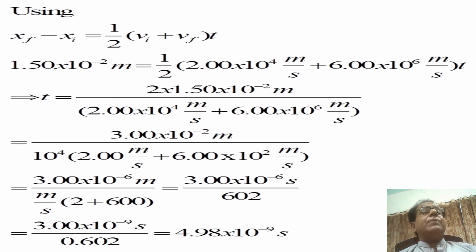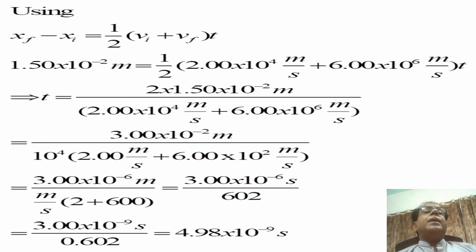This alternatively becomes equal to 3.00 × 10^-6 meter divided by 602 meter per second, which becomes 3.00 × 10^-6 second divided by 602, because meter is cancelled with meter. This becomes 3.00 × 10^-9 second divided by 0.602.